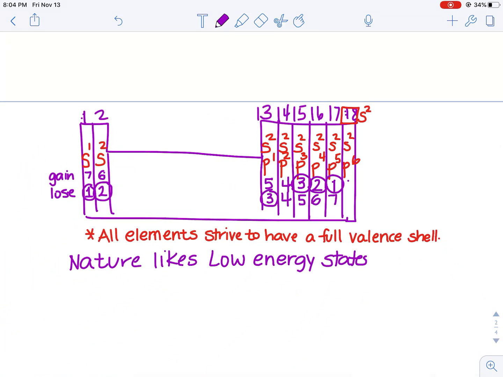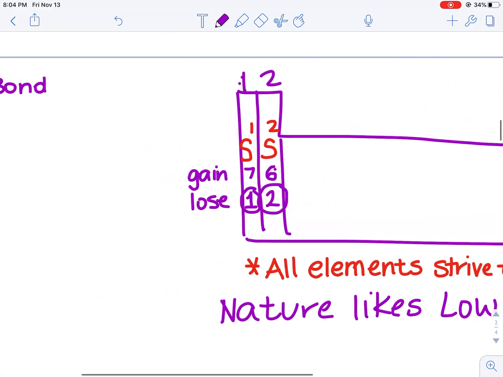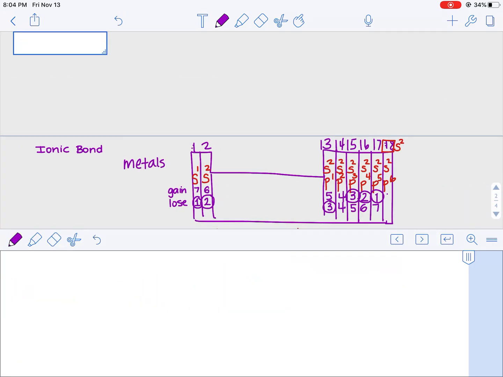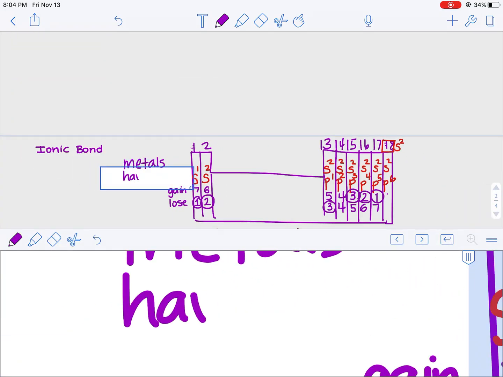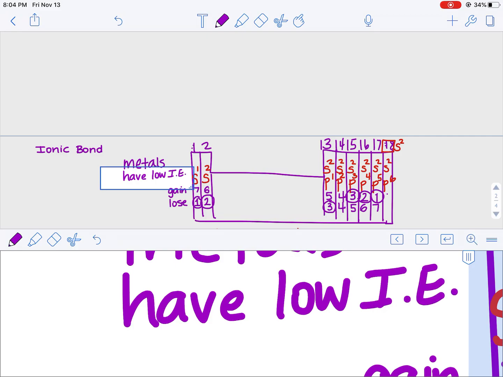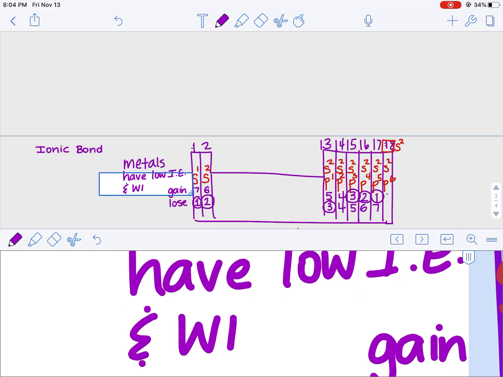Now, thinking back to last unit, this also goes along with the ionization energy and the electronegativity. We had said that metals tend to have low ionization energy. As a result, they're going to lose their electrons. Metals have low ionization energy and will lose their electrons.